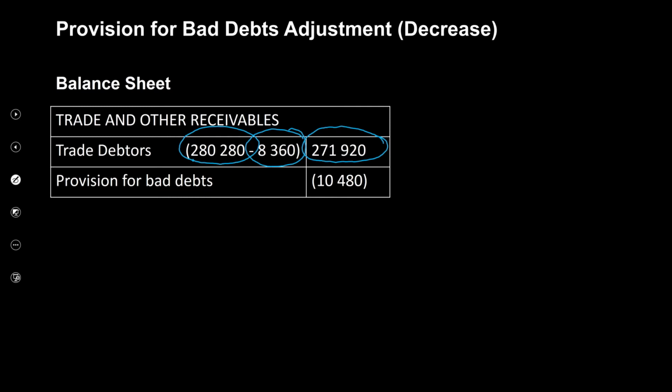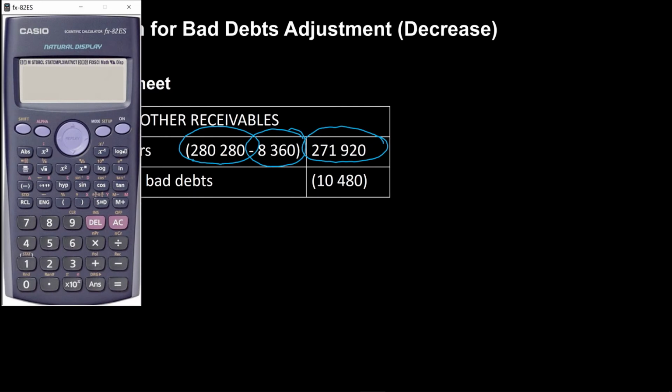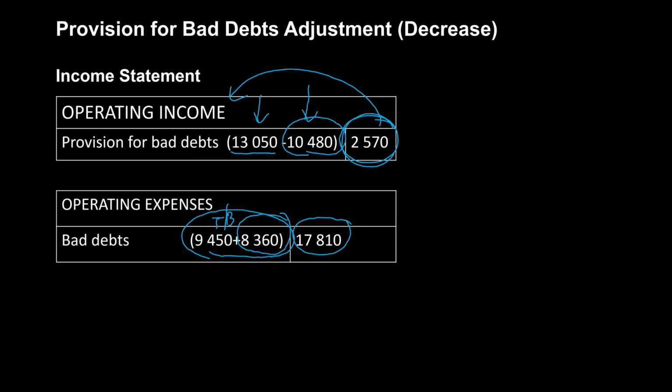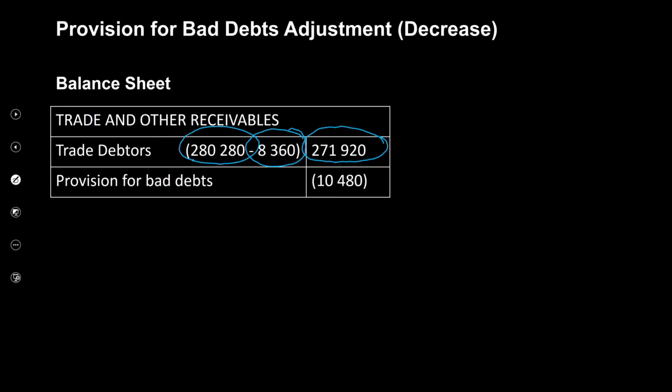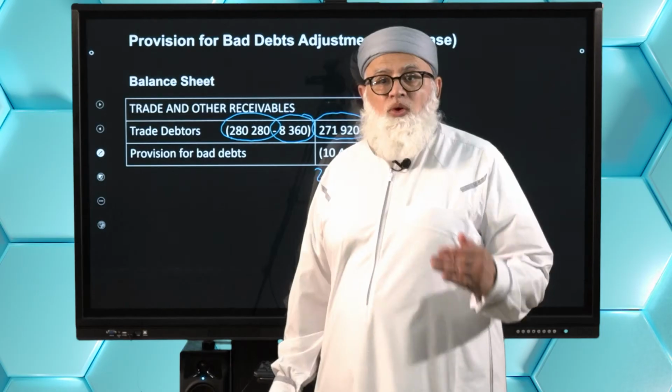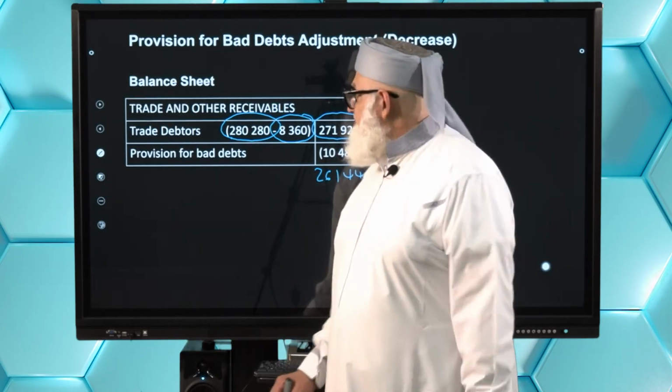You take your 271,920 minus 10,480, and that will give me a figure of 261,440. So that's my net trade debtors. What's it? Trade debtors less provision for bad debts.